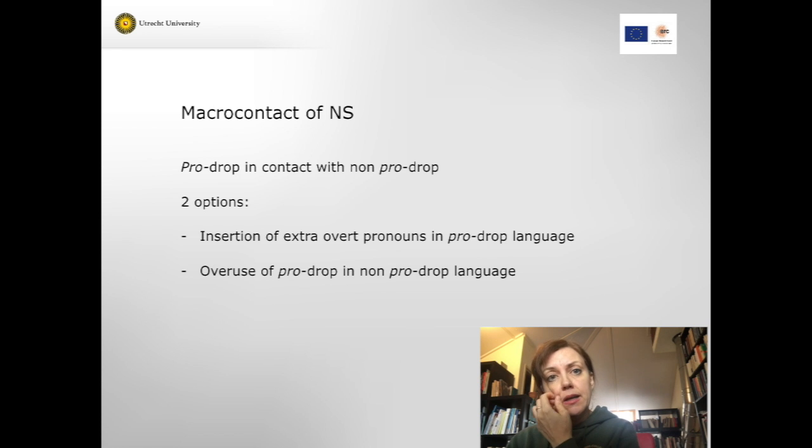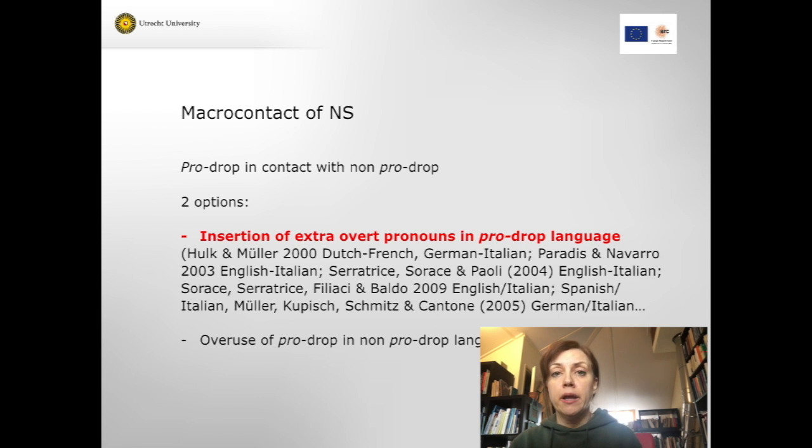In macrocontact, in theory, we would have two possibilities. If you have, say, a prodrop language in contact with a non-prodrop language, in theory, you could insert extra overt material in the prodrop language, or you could see the opposite: the language that is non-prodrop at some point starts inserting silent elements. What has been found and consistently reported is that option 1 is the one that is most widely attested.